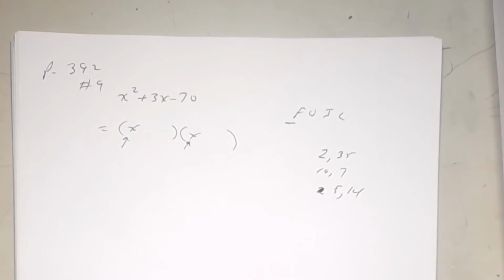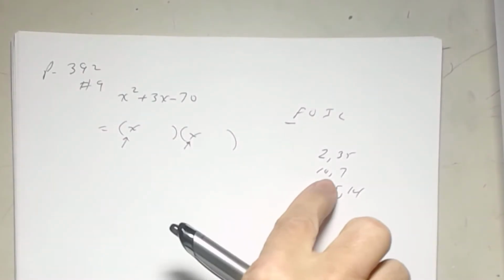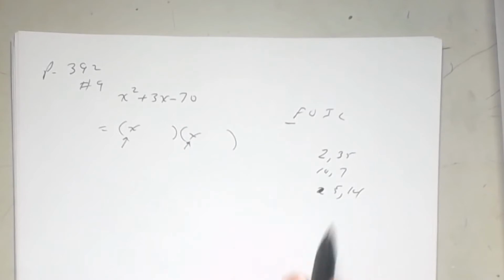All right, and so you want to try numbers. It doesn't always work, but you want to try the 2 numbers that are closer together on the number line. 10 and 7. So 10 and 7 are closer together on the number line than the others are. Doesn't always work out that way, but it tends to sometimes. So for right now, remember, we're going to do this trial and error.